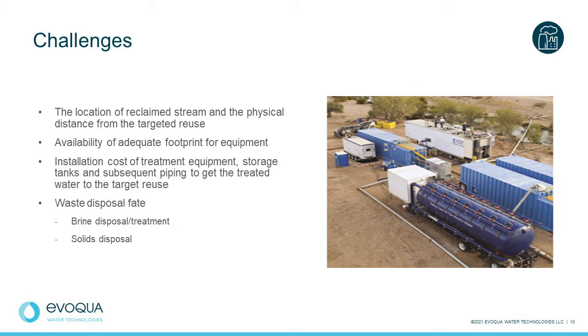For example, moving water from point of recovery or treatment to point of reuse can significantly inflate project costs, particularly in brownfield. There are a number of site-specific factors that impact cost and practicality of reuse, and these include equipment footprint and availability of utilities at the source, at the point where the equipment is being installed, the location of reuse and volume demand.